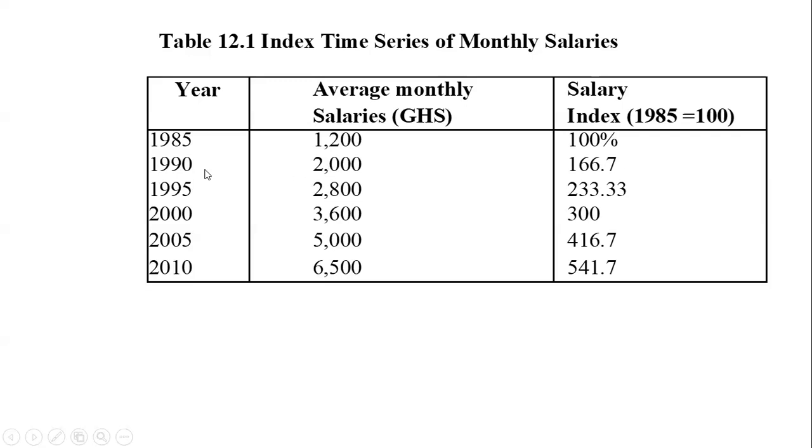We take the 1990 salary, the person is taking what? 66.7% more than the 1985 salary. So I can easily give you this table to even interpret it. The interpretation is also key. If I give you this table and ask you to interpret it, you should be able to interpret based on these results here. Are we okay with that?